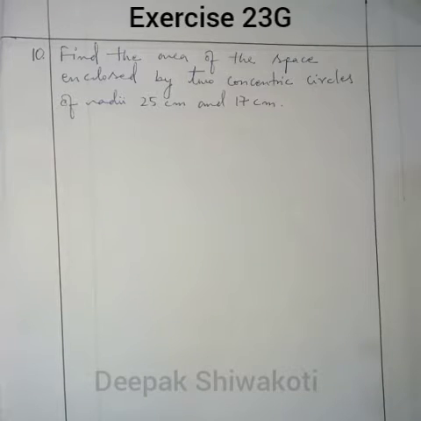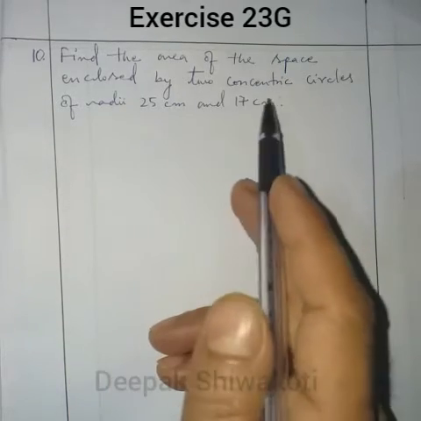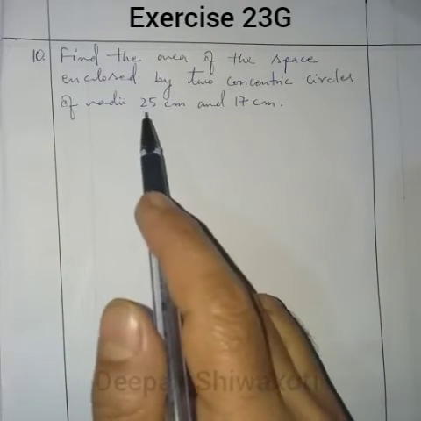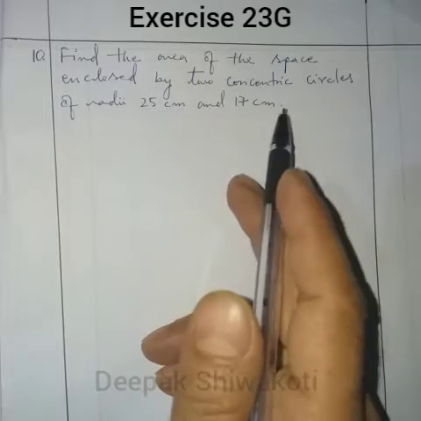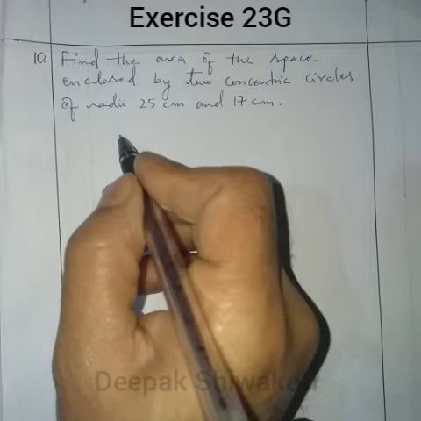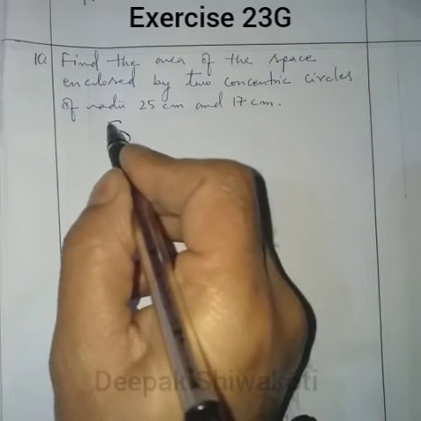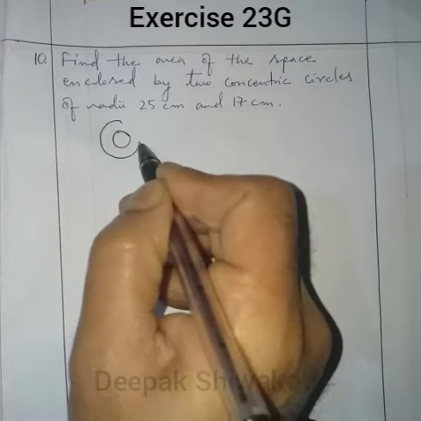Question number 10. Find the area of the space enclosed by two concentric circles of radii 25 centimeter and 17 centimeter. So concentric circles means a circle and then one more circle around this circle.